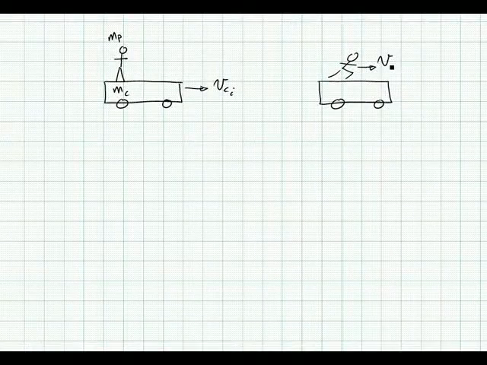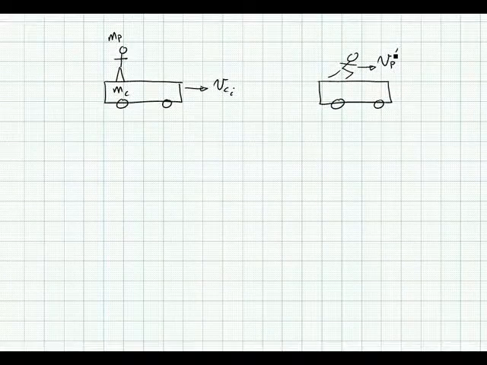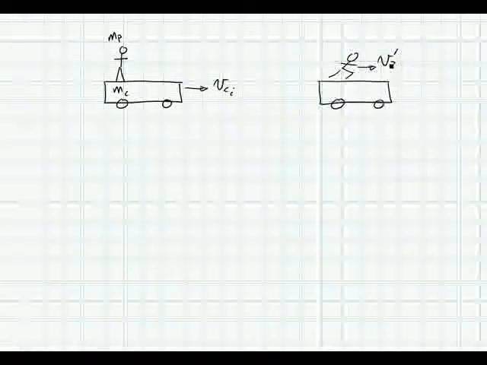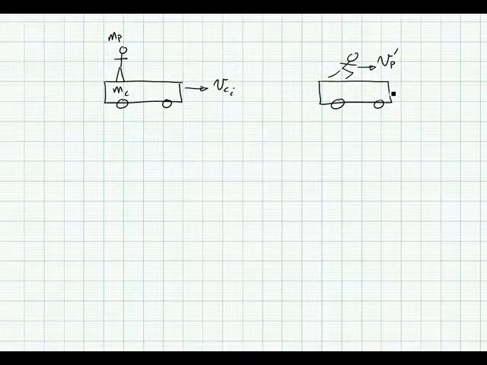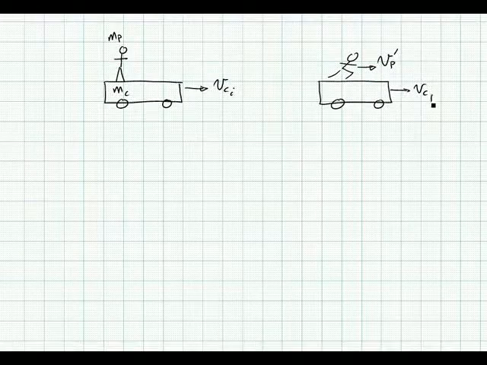I'm going to call it velocity person prime, because we are given in the problem the velocity of the person with respect to the cart, and we are asked to find the velocity of the cart final.